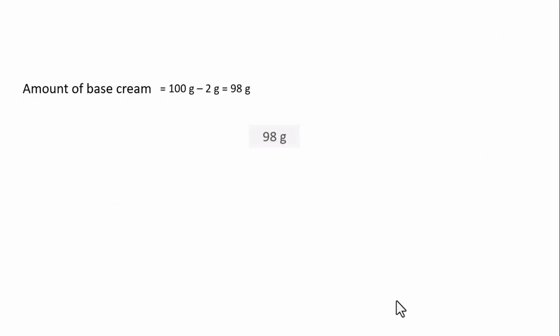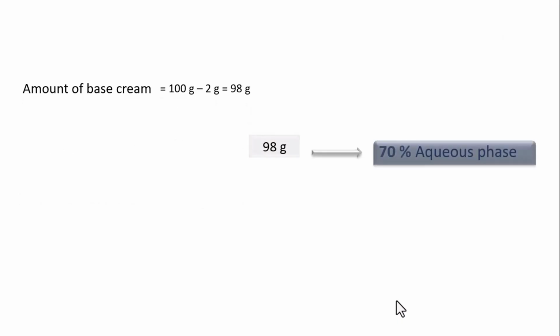Now, we want 70% of this 98 grams of base cream to be the aqueous phase, and 30% of it to be the oil phase. As we mentioned in the first formulation, we have the right to use 50 to 70% aqueous phase to make hydrophilic cream, 30 to 50% oil phase, but usually we use 65 or 70% aqueous phase, and 30 to 35% oil phase.